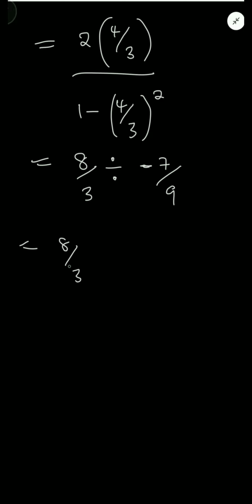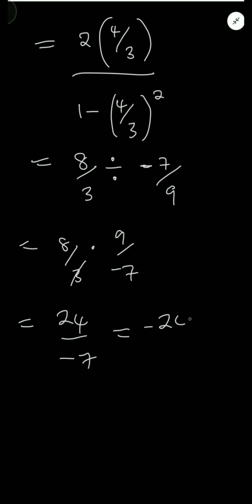Then we reciprocate, so it will be 8/3 multiplied by 9 over negative 7. The 3 and the 9 will cancel, so we have 8 times 3, which gives us 24/7, which is negative 24/7 as our answer. Okay, so this is the answer to our problem.